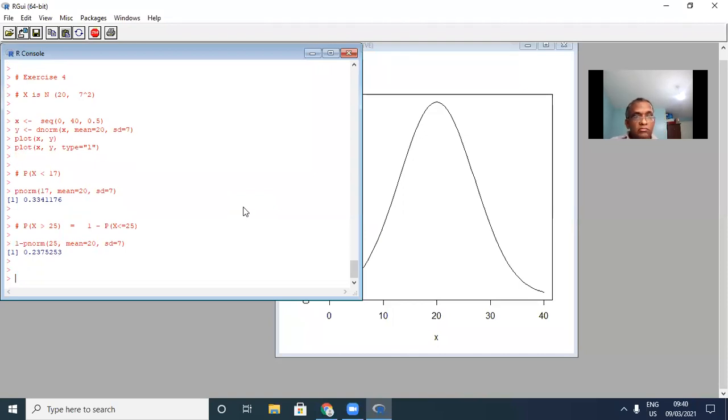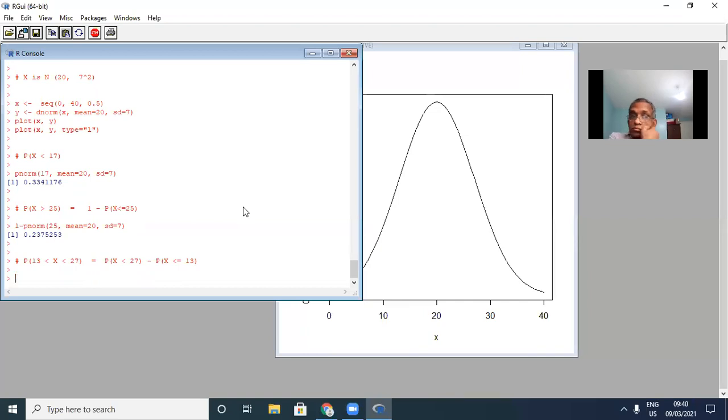Next we want to find the probability that x is between 13 and 27. This you can write as the probability that x is less than 27 minus the probability that x is less than or equal to 13.